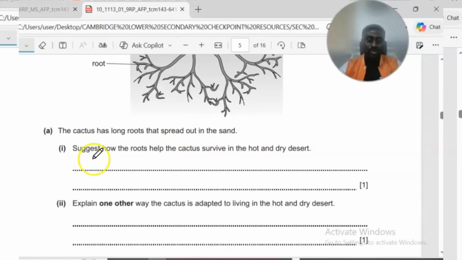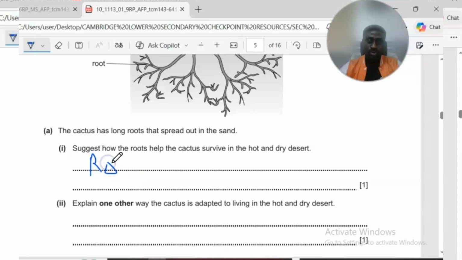The most expected response to this question is the fact that the roots help to absorb more water.